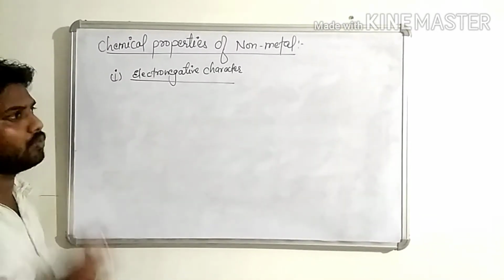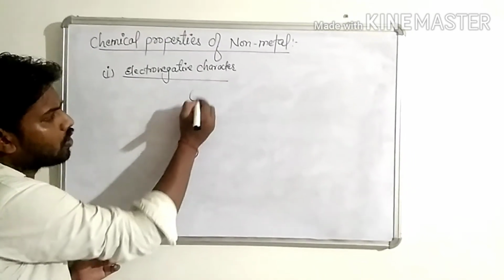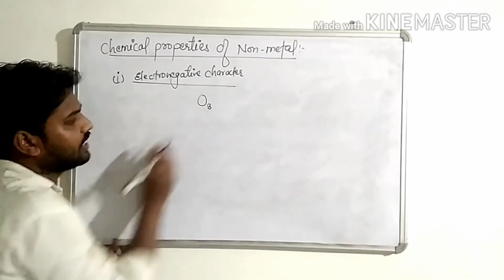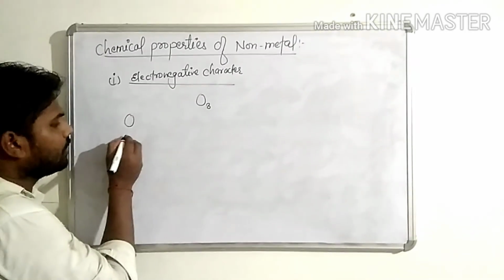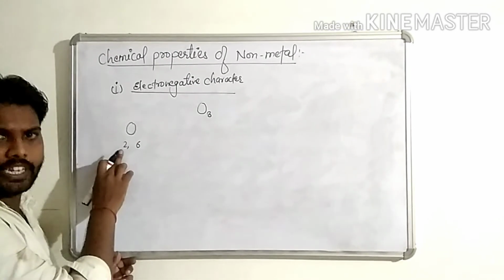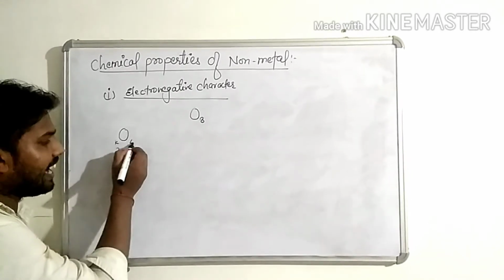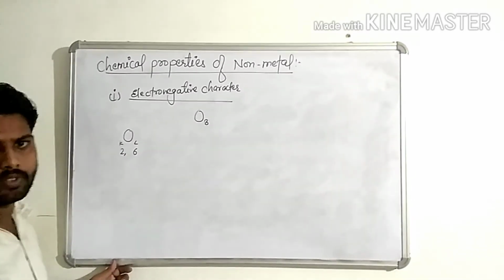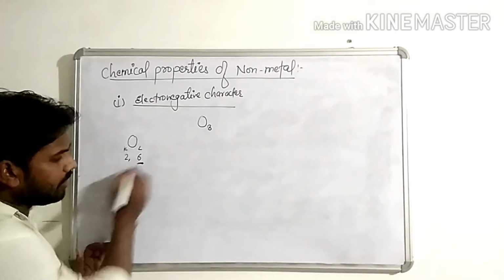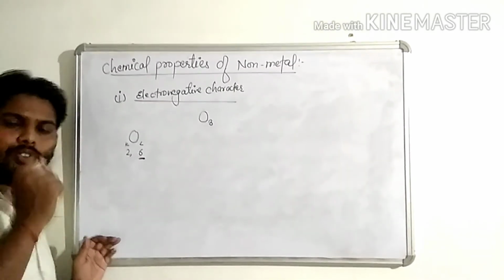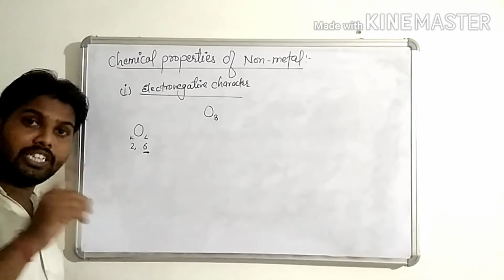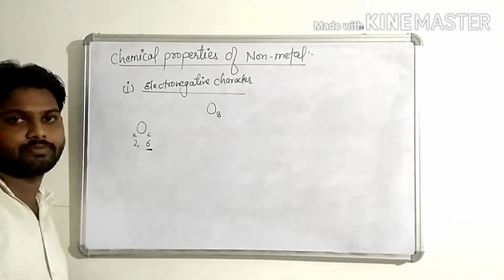See children, how? Suppose this is oxygen. The atomic number of oxygen is 8. If we write its electronic configuration, the K shell contains 2 electrons and the L shell contains 6 electrons. So in the last valence shell it has only 6 electrons, but to become stable it needs 8.